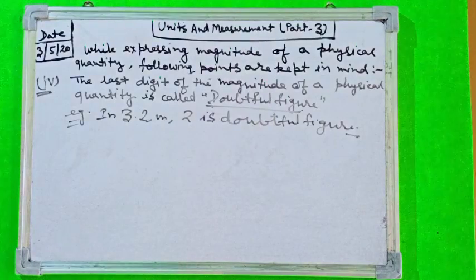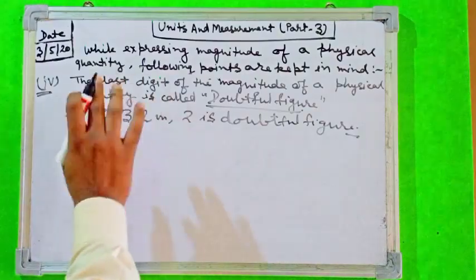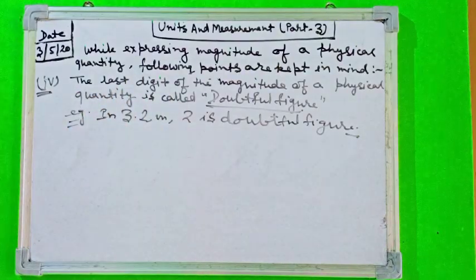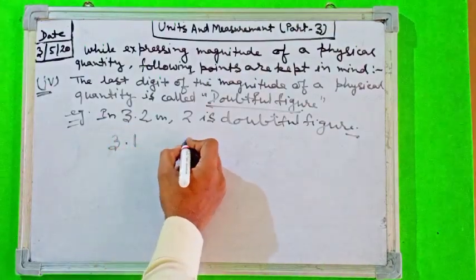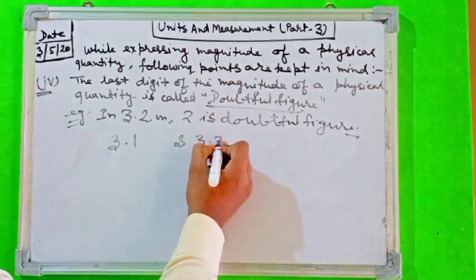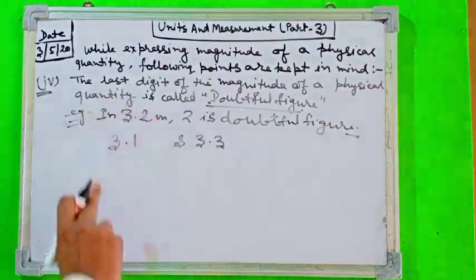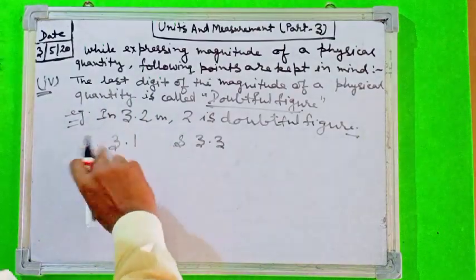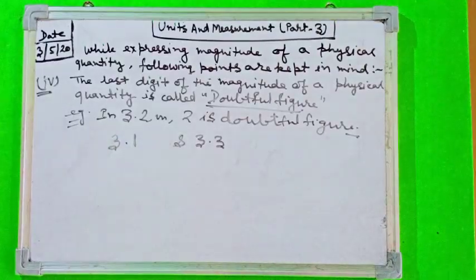It means that the measured value can be written with 2 as the doubtful figure, and if 2 is the doubtful figure, the measured value must lie between two values, 3.1 and 3.3. The true value of the measurement is any value between 3.1 and 3.3.